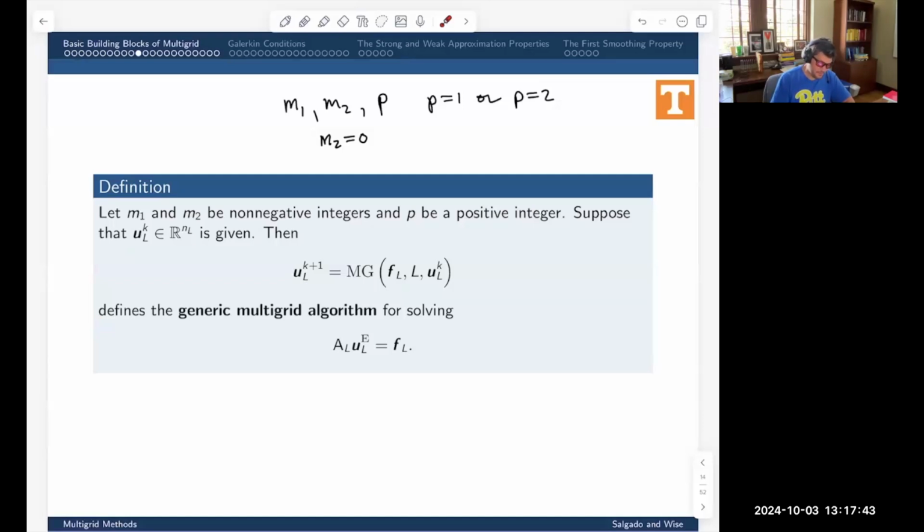Now, the multigrid algorithm, once these guys are specified, is completely defined, and here it is. So suppose that you're given, now K is no longer going to be our wave number because we're not talking about Fourier stuff anymore. So K is going to be the iteration number.